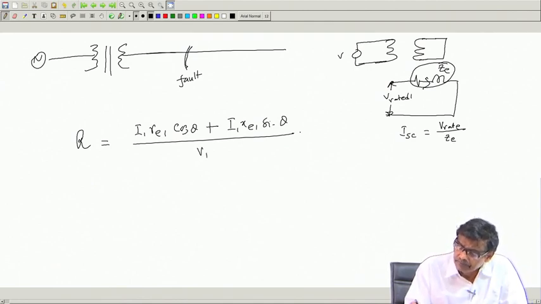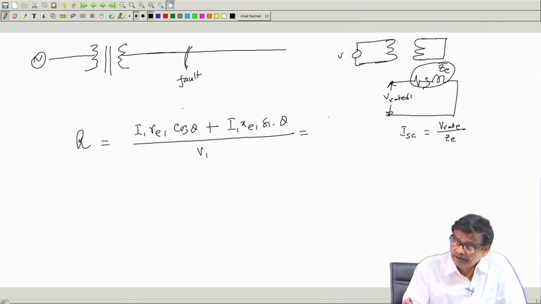And if you remember, the numerator was V1 minus V2 dashed, the change in magnitude.